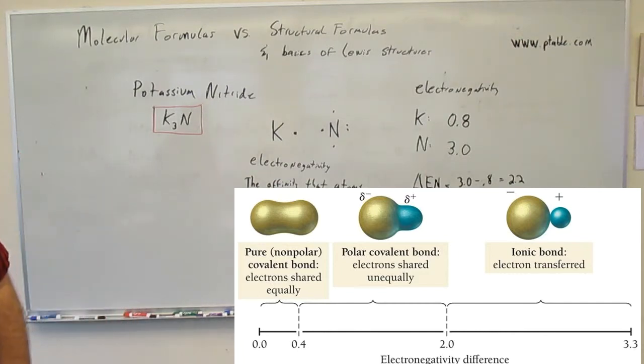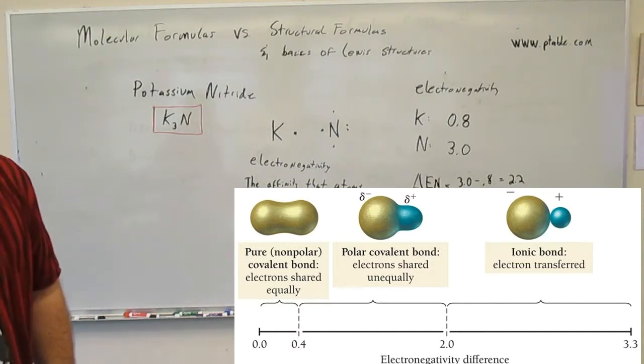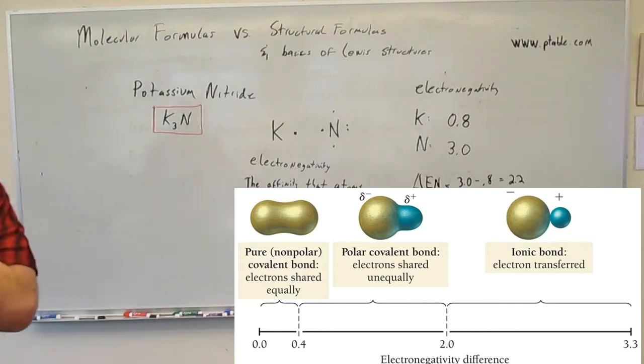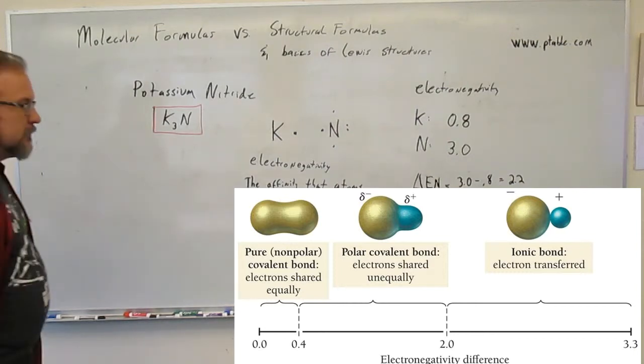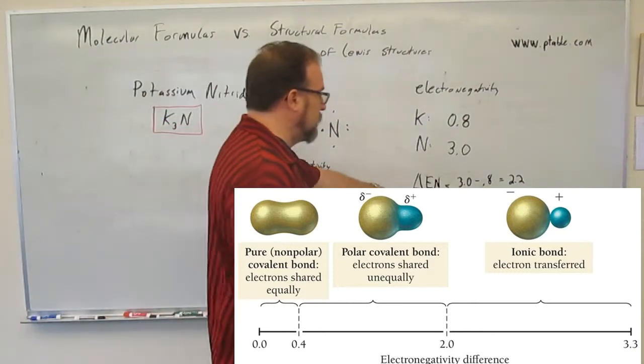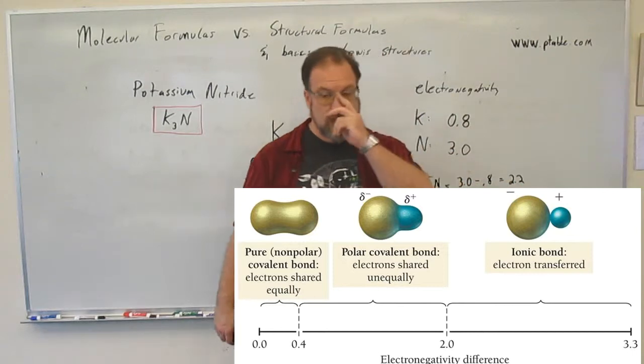And then the region that goes from 2.0 out to, it says 3.3 here, but in fact it's anything greater than 2.0 is considered an ionic bond, including 2.0. In our case, our difference in electronegativity is 2.2.